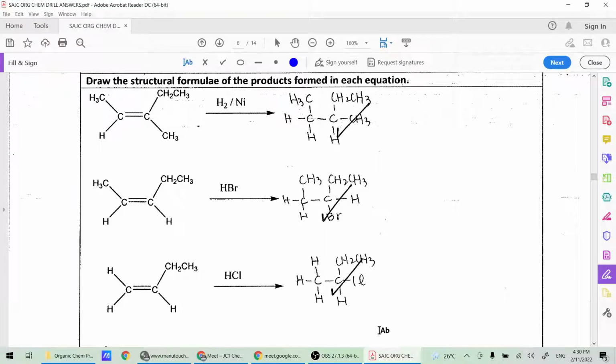Now we draw the structural formula. I think I went pretty fast here because there wasn't much problem. You all just had to add the products across the double bond. So just check your answer at this point.